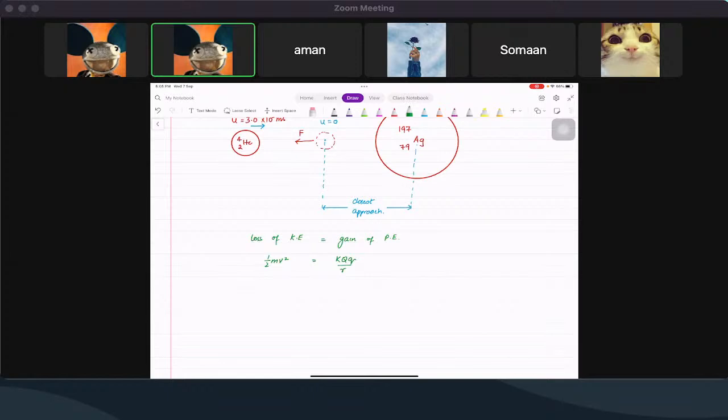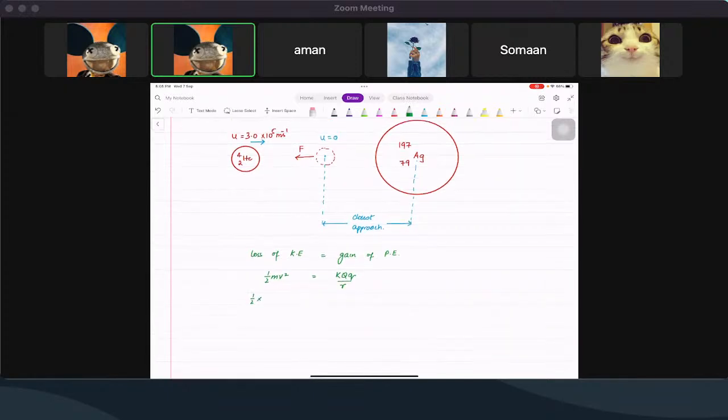So we know that half, and the mass that is traveling with kinetic energy is 4u, and the speed is 3.0 times 10 raised to 5, whole squared. K value is 8.99 times 10 raised to power 9.